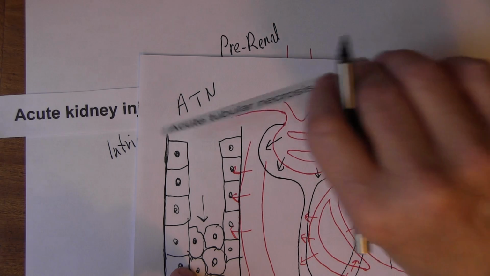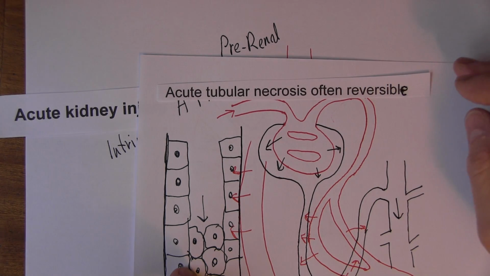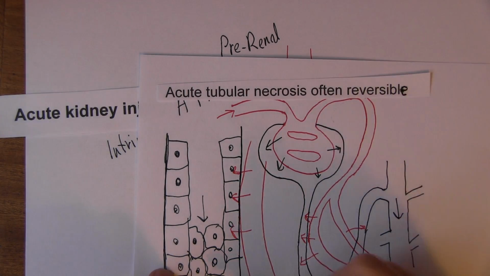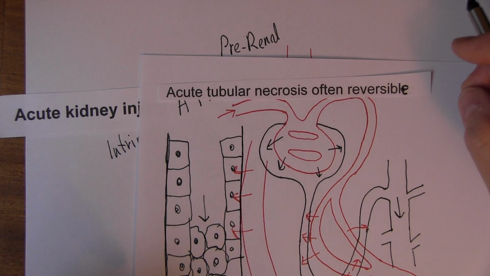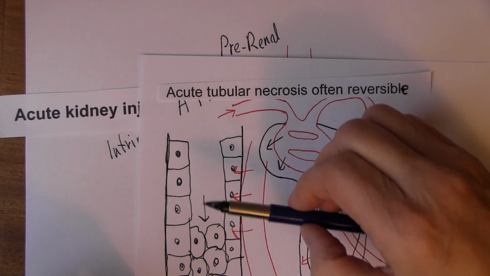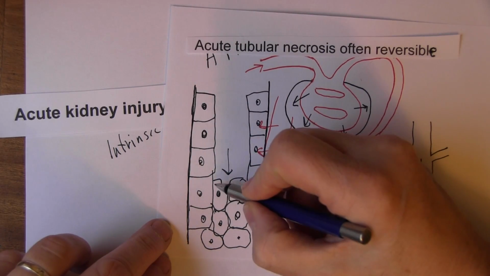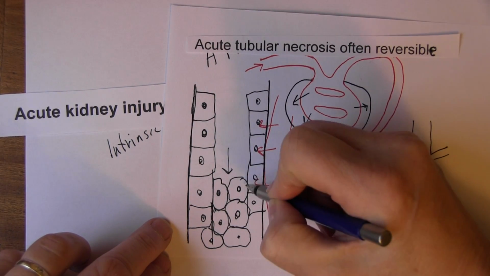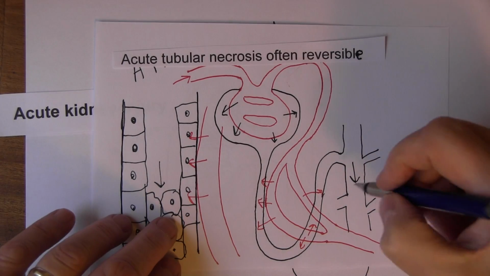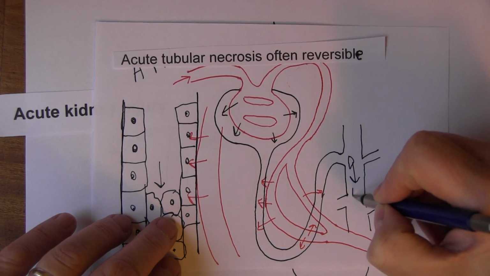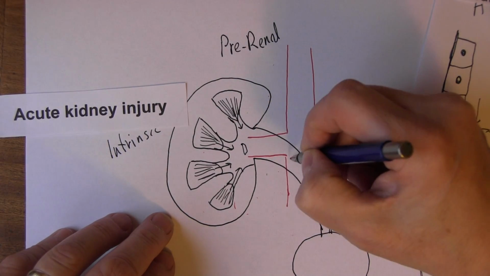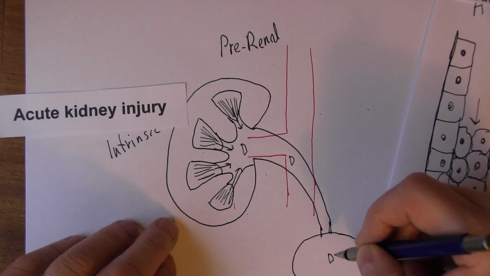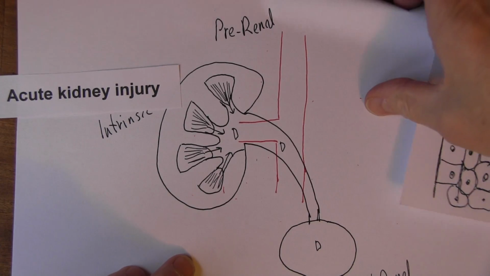But we've said that this acute tubular necrosis is usually reversible. So if we can detect this happening, usually because we notice the patient's urine output is dropping off, then this is reversible. Over time, these cells will wash through into the collecting ducts, and they will wash through into the ureter and the bladder, and they'll come out in the flow of urine.